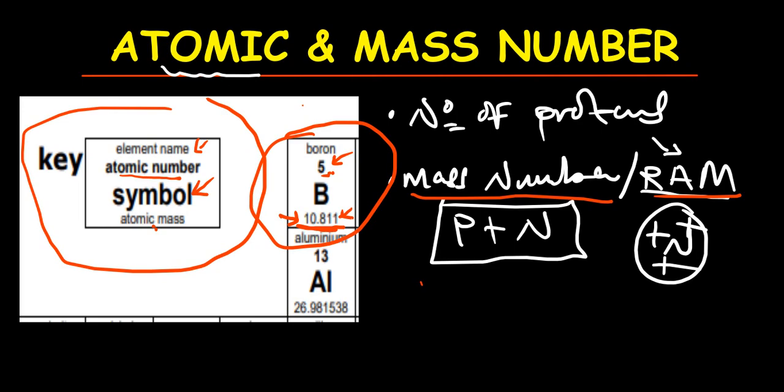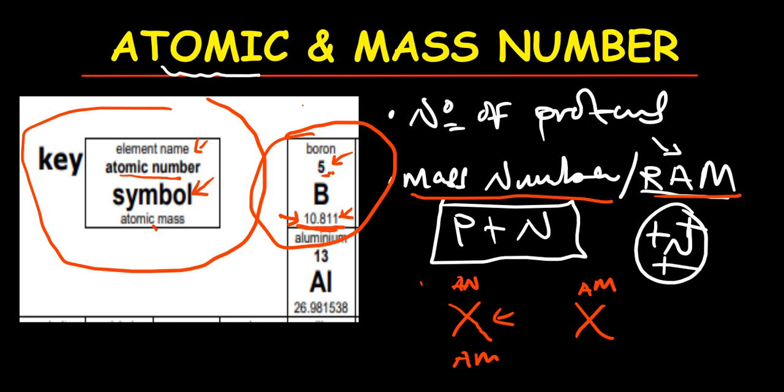Sometimes some books have a symbol X, saying this is the chemical symbol, and then you have the atomic number and down there the atomic mass. Some periodic tables have the atomic mass on top and the atomic number down there.